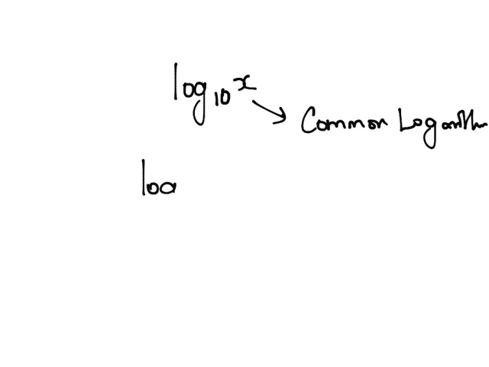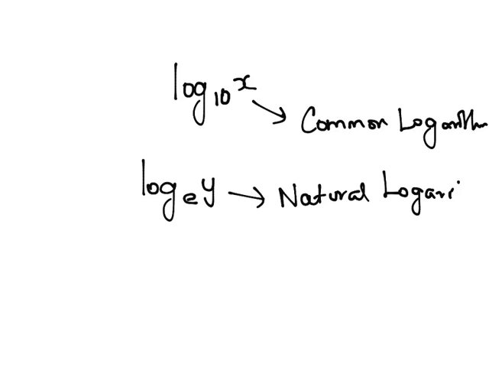And in case the base is e, let's say log y to the base e, then we call this logarithm the natural logarithm. I hope you know what e is. The value of e lies between 2 and 3, approximately e is equal to 2.71. Okay, so this is what we learned.